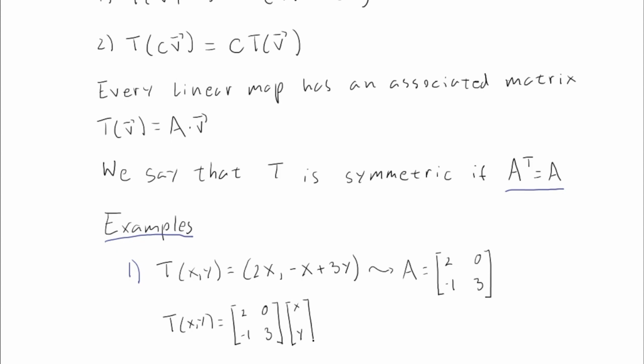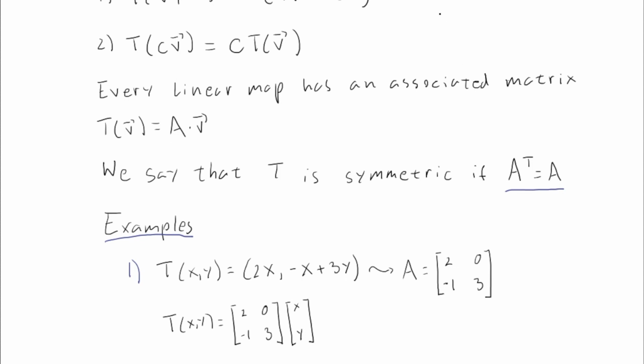So you can write T as multiplication by a matrix. Remember, we always denote vectors as vertical matrices, column matrices. That's important. And we can see that for this map, the matrix is not symmetric, and so this map is not a symmetric linear map, right?